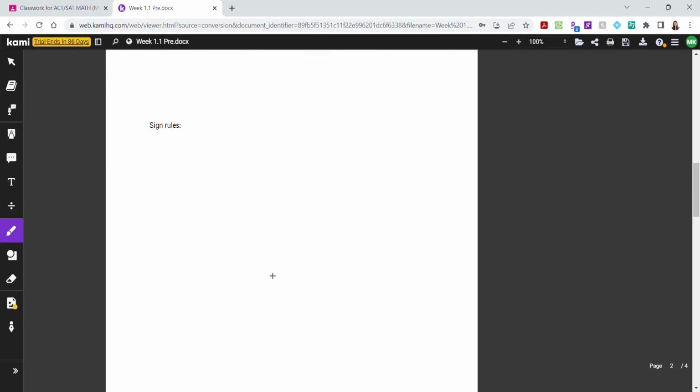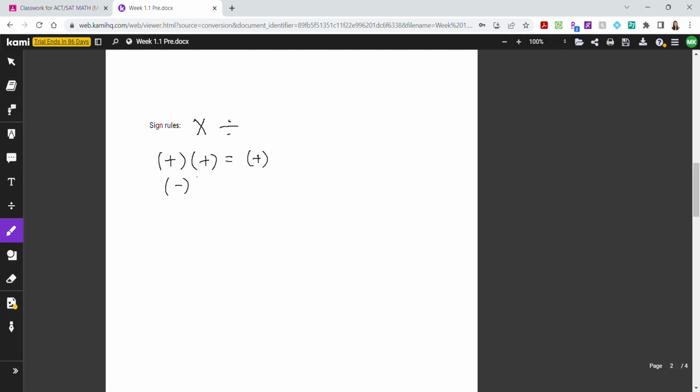Now, a very big thing to remember when you're doing your operations are the sign rules, right? So this normally applies only when you are multiplying and dividing, right? So it goes back and forth. If you have positive times positive or positive dividing positive, you will get positive.